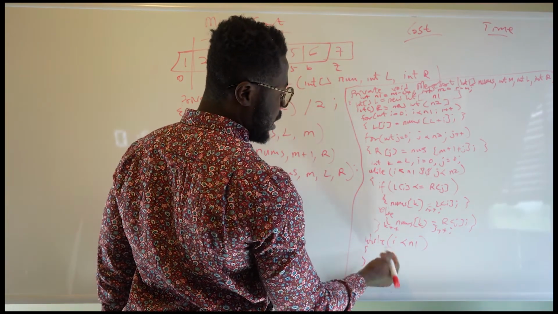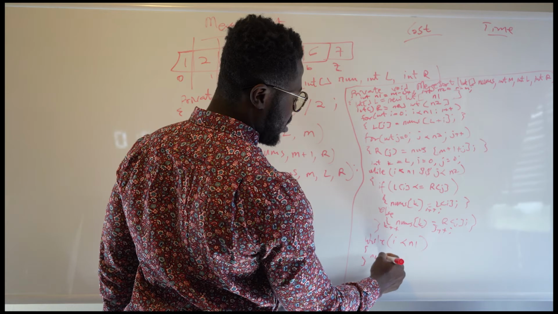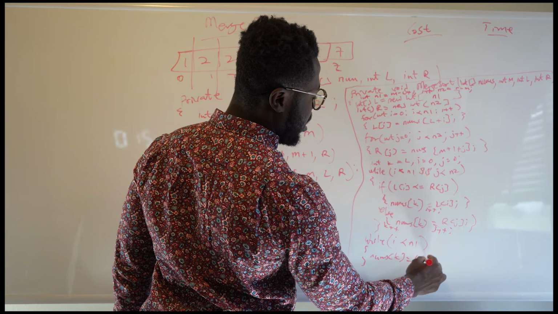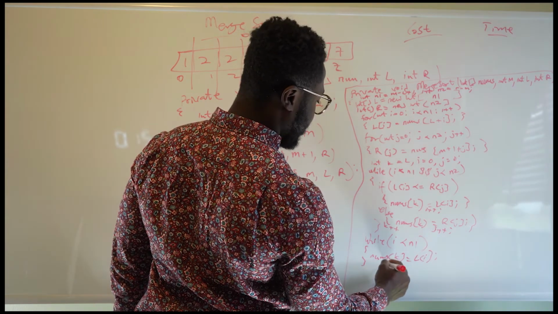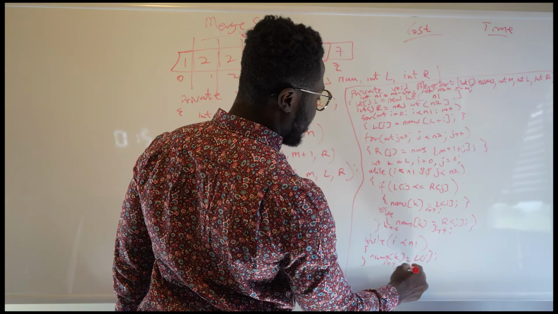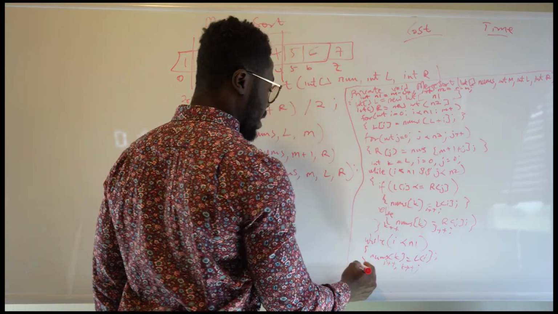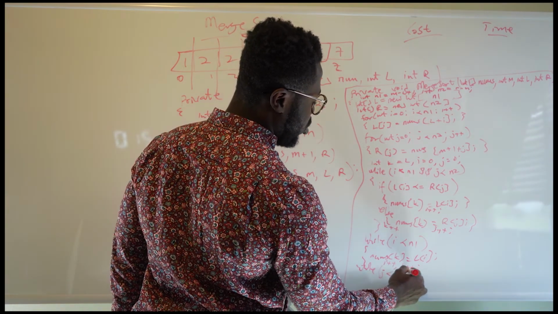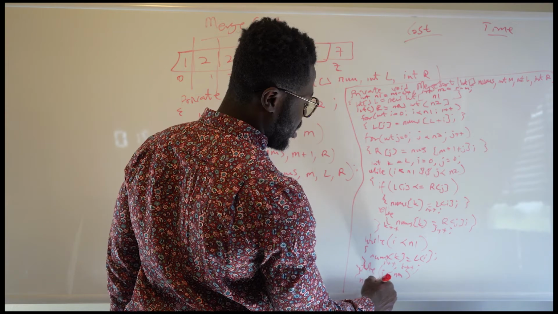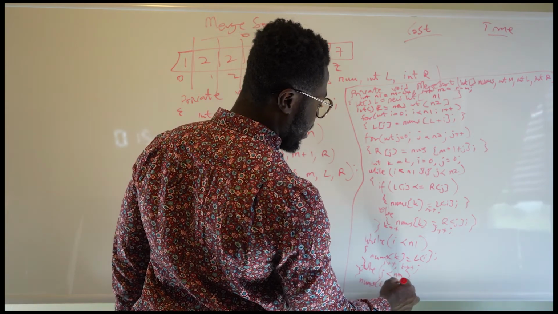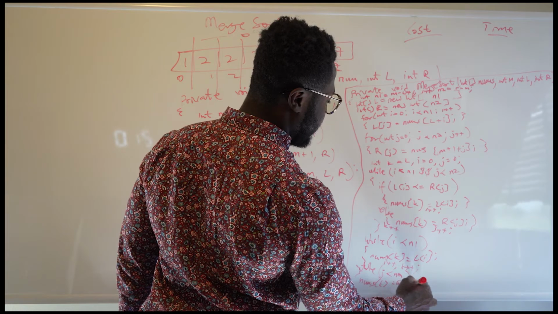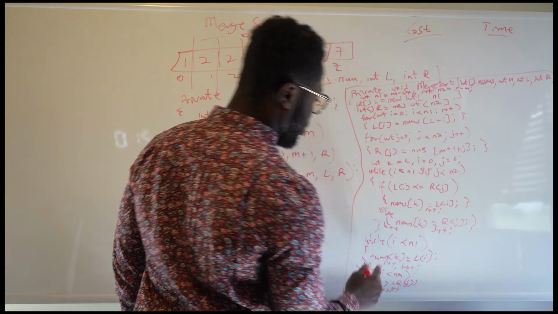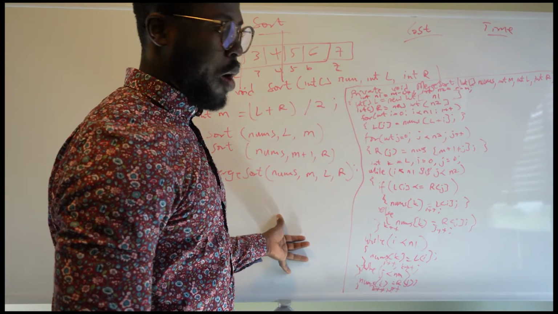So here, then we just nums at k go to L at i plus plus, k++. And we do the same thing for the other half, which is j less than n2, nums at k, R at j. So k++, j++. So this is the algorithm, right?